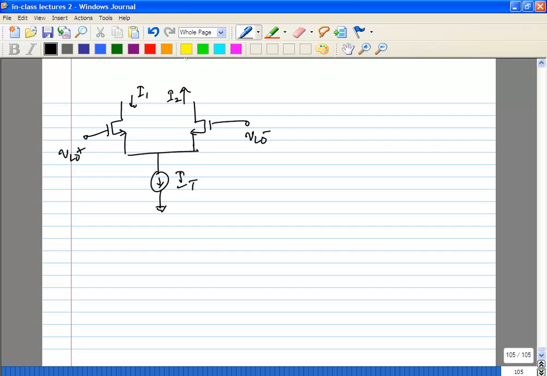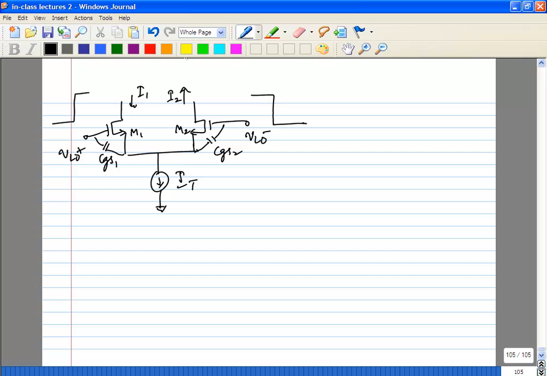Okay, so let's assume that this is M1, M2. Let's assume that at that time when we start to analyze, the VLO plus has a rising edge, and at the same time VLO minus has a falling edge. So these two devices M1 and M2 have capacitances CGS1 and CGS2. Okay.